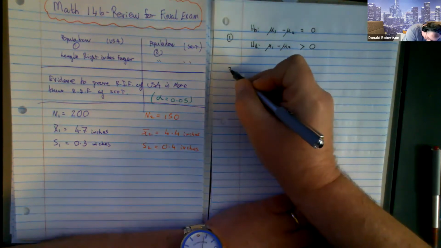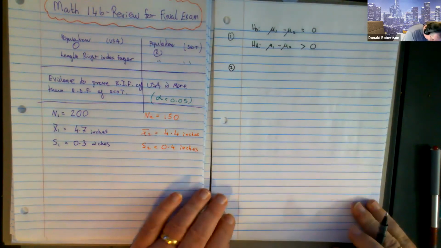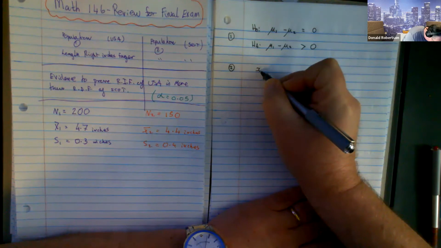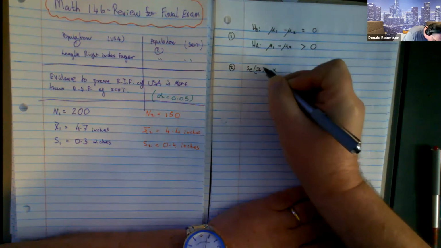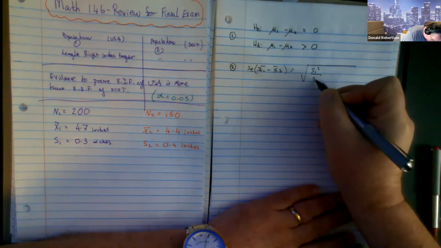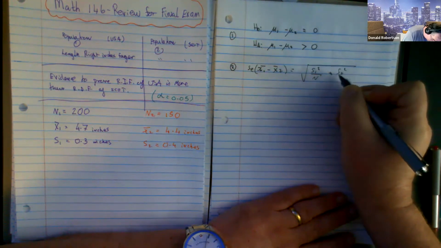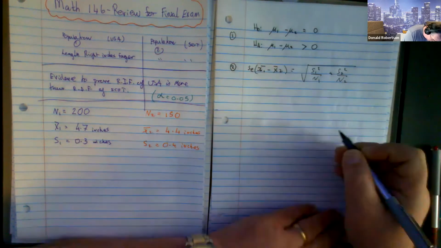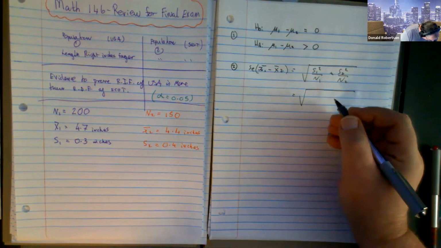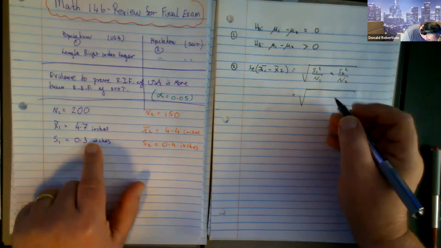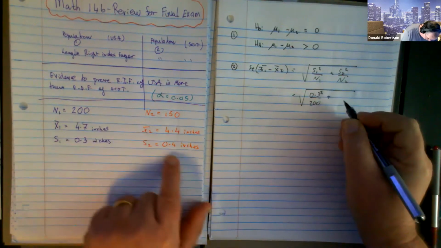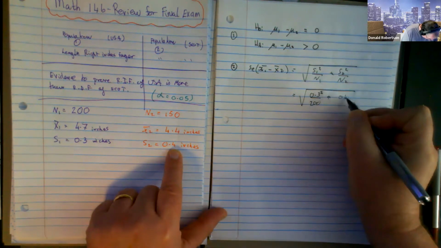Once we've done that, the next phase is calculations. We are going to find the standard error of x1 bar take away x2 bar, which is the square root of 0.3 squared over 200, plus 0.4 squared over 150.